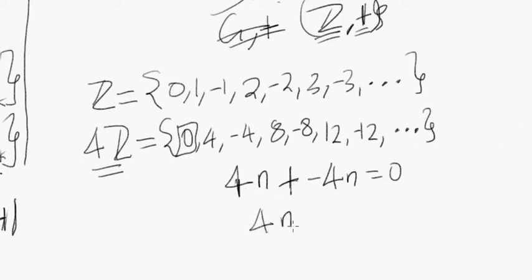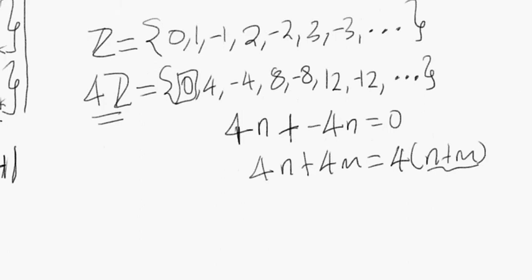If we take a multiple of 4 and add it to another multiple of 4, we still get a multiple of 4. Just factor out the 4: n plus m is still an integer, so indeed it's closed. So 4Z is a group, and since 4Z is a subset of Z, we come to the following conclusion: 4Z is a subgroup of Z.